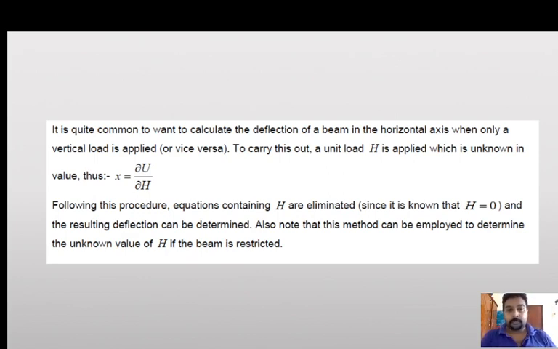After following this procedure, the equations containing H are eliminated and the resulting deflection can be determined. Also note that this method can be employed to determine the unknown value of H if the beam is restricted.